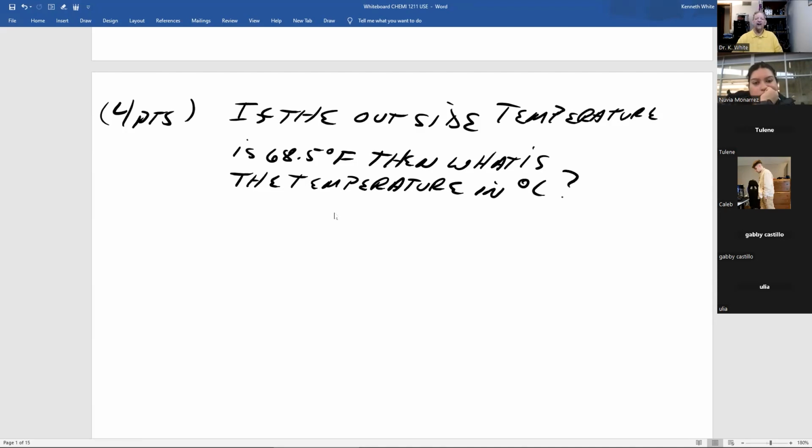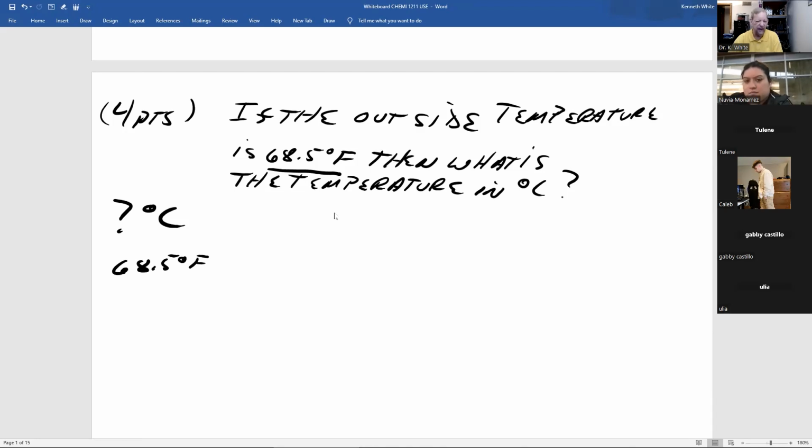All right, the outside temperature is 68.5 degrees F Fahrenheit. What is the temperature in degrees C Celsius? So what are we being asked to find? Degrees C. What are we given? That.